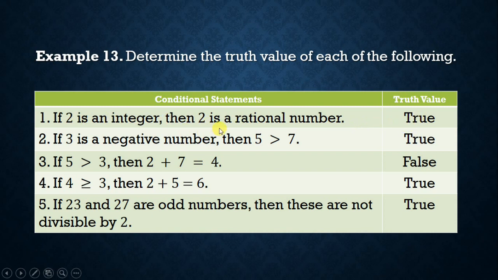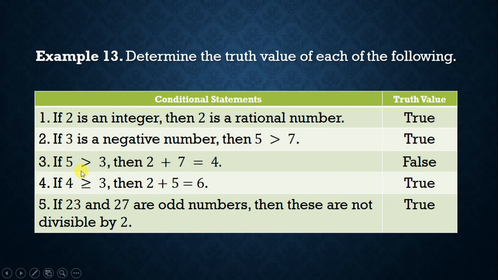So true implies true is true. Number 2: if 3 is a negative number, then 5 is greater than 7. So our antecedent is false, P is false, and Q is also false. So if false, then false, the truth value is true.